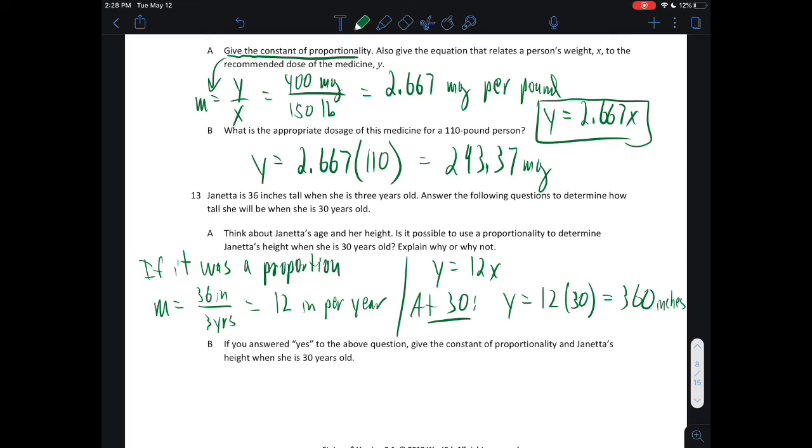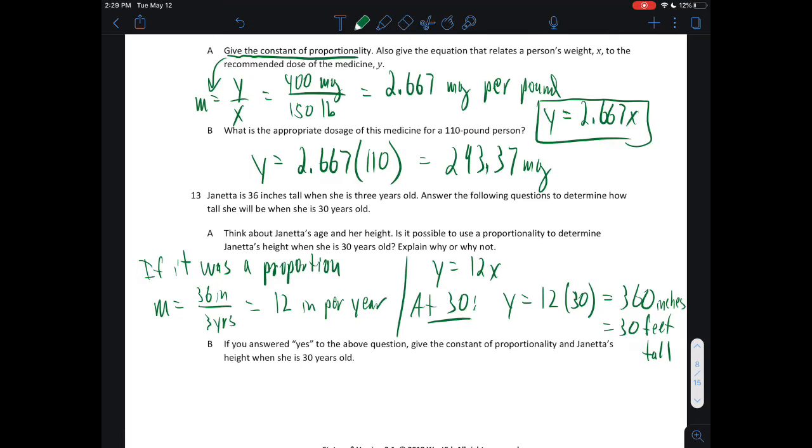How tall is that? Well, there's 12 inches in a foot. So let's take 360 and divide by 12 inches, 30 feet tall. Do you think that's possible? That Janetta could be as tall as a 3-story building?